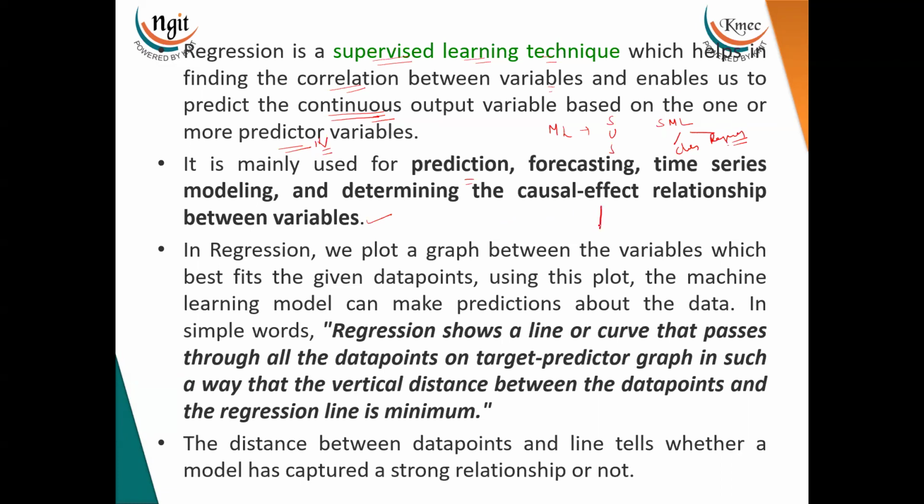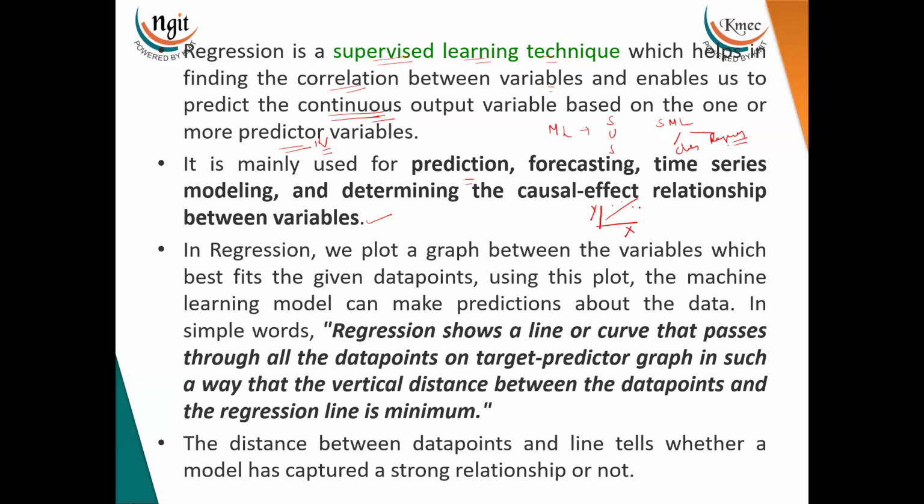We are going to plot a graph showing an independent variable, that is the predictor, and the dependent variable, that is the target variable. And we are going to draw a straight line, that is a linear relationship. And whatever the data, we plot the data points.